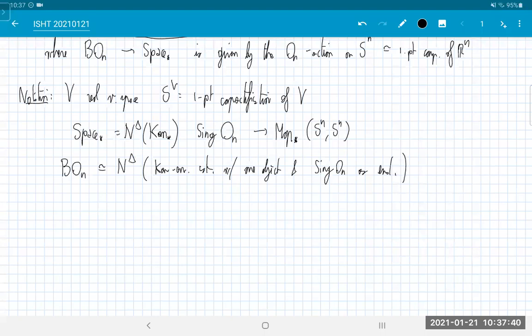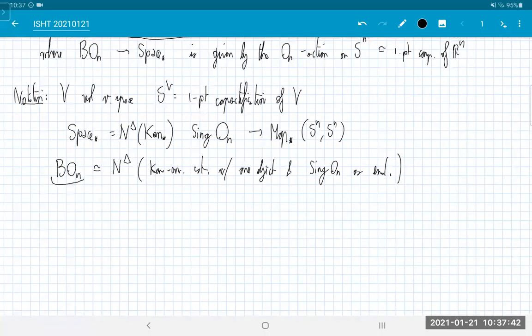Because what is this? This is clearly a connected space, and you compute its loops, and its loops is exactly ON.